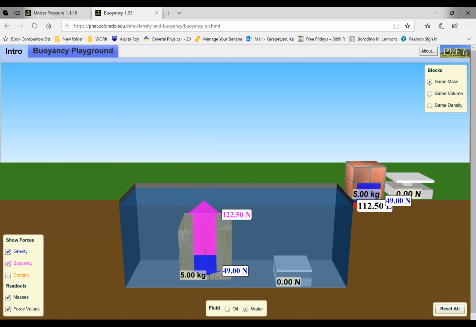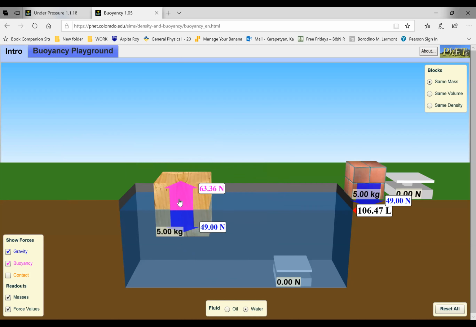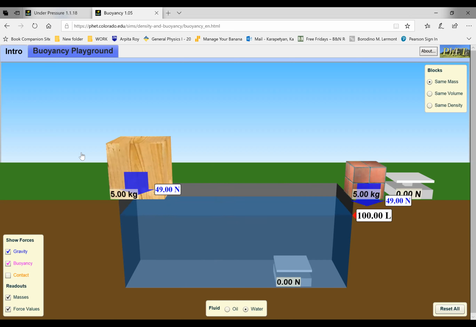And remember, we talked about how it's much stronger for a less dense object, because right now, if I let go, it is pushed upward until it reaches equilibrium. That means it's now partially submerged, and the buoyant force and gravity balance each other. When it's fully submerged, the buoyant force will be stronger for the wood.